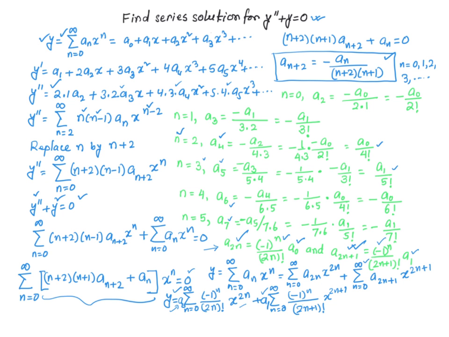Now, if you look at it closely, you notice that y is equal to a naught times this. This is nothing but the Maclaurin series for cosine of x. So this is going to be a0 cosine of x plus a1 times this guy, that's nothing but the Maclaurin series for sine of x.